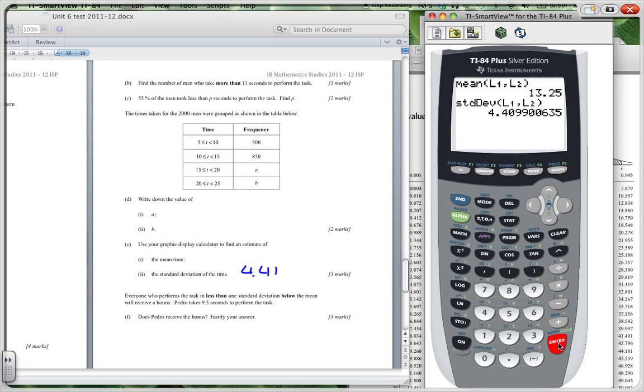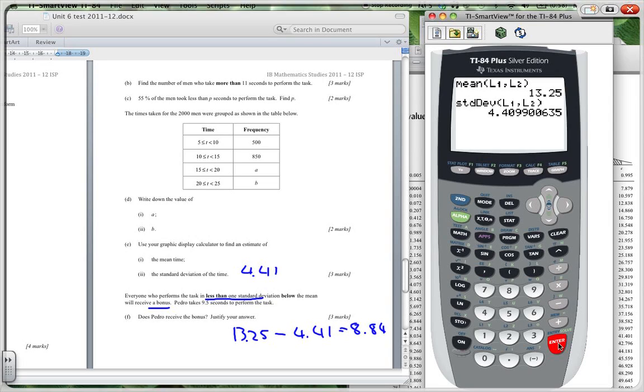Fine, so it says finally everyone who performs the task in less than one standard deviation below the mean will receive a bonus. So remember the mean is 13.25, and if I subtract 4.41 from that, I get 8.84.